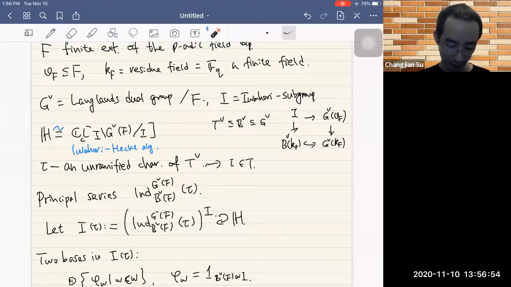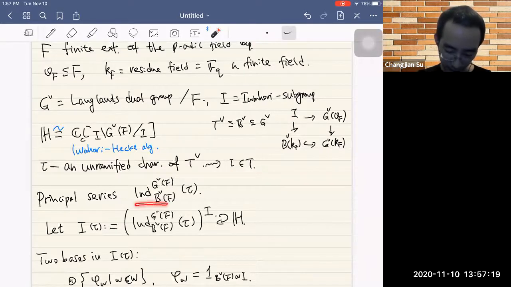So then what are the analogs of the K-theory of the cotangent bundle of the flag varieties? So then this is called the principal series. So if you consider a character of this dual torus, and we impose further conditions, such as this tau will correspond to an element in the original torus.